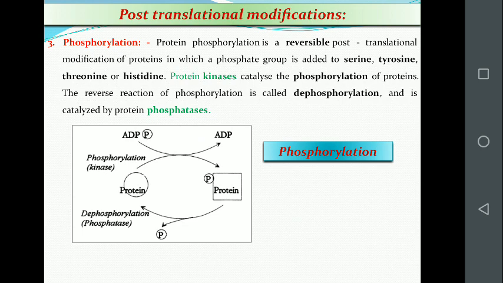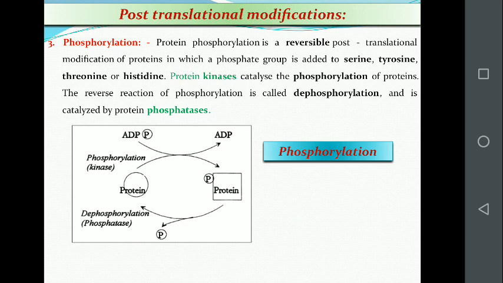As we all know, we have already discussed or come across the regulation of metabolic processes, in which some of the proteins and enzymes are activated and deactivated based on phosphorylation and dephosphorylation.